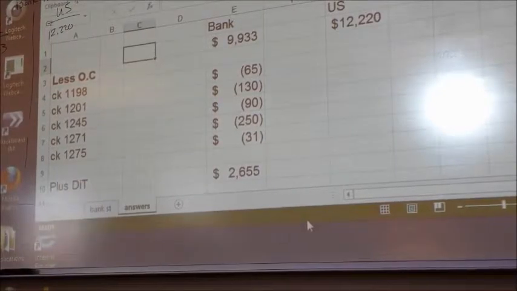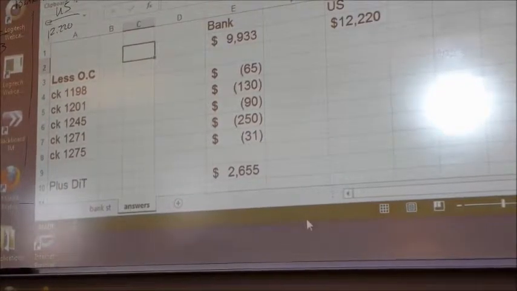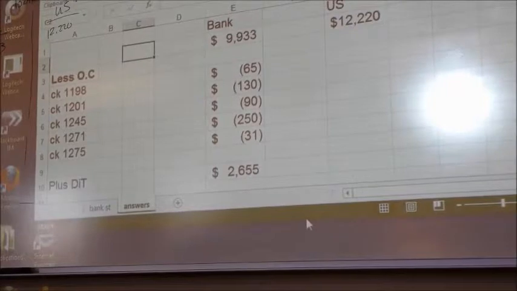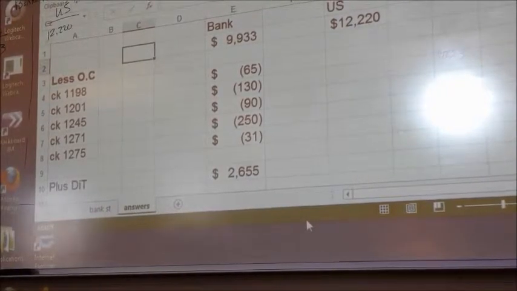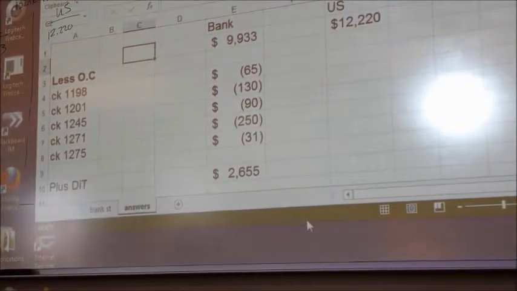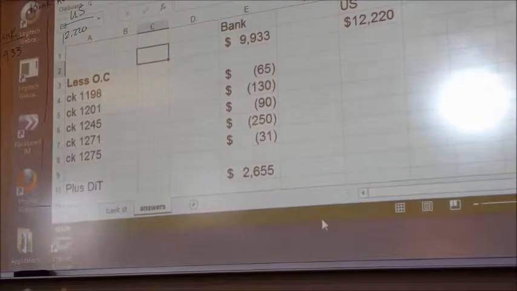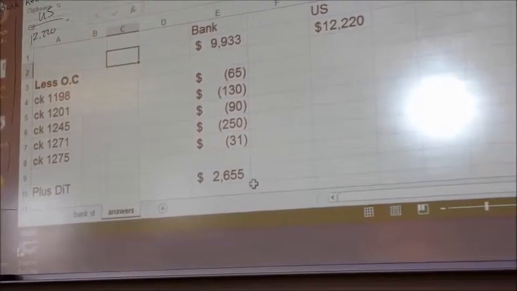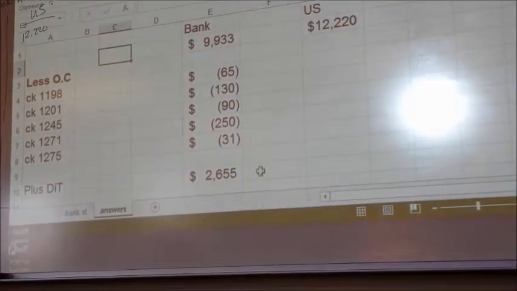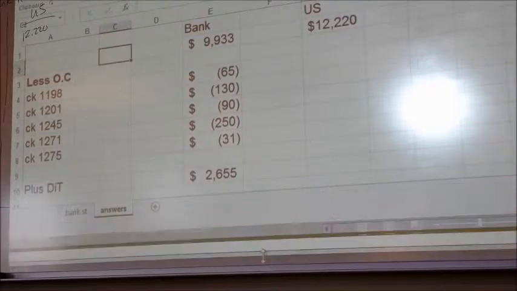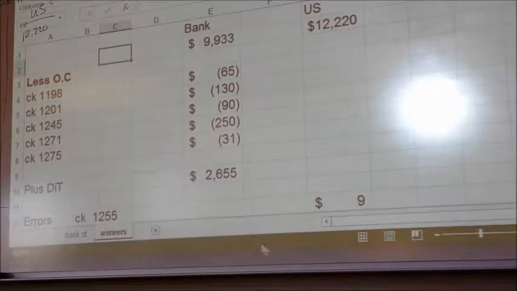I'm just waiting for the bank to be able to catch up. Usually the bank side is the easier side. I also have the first check that we did as a practice.